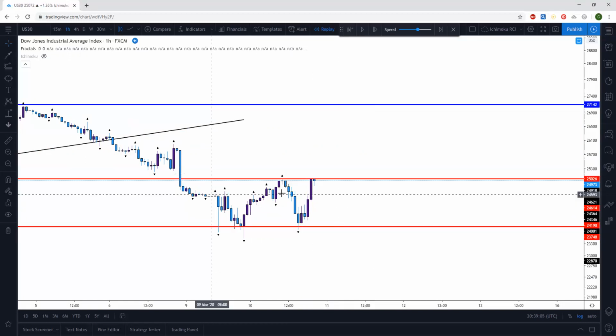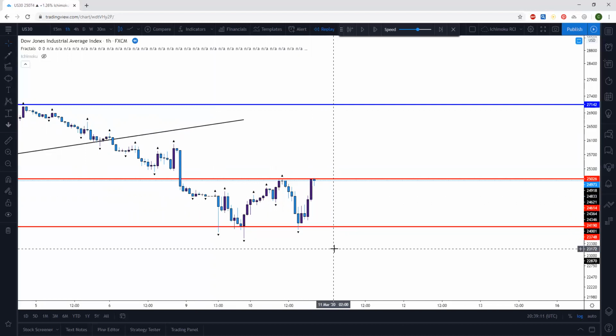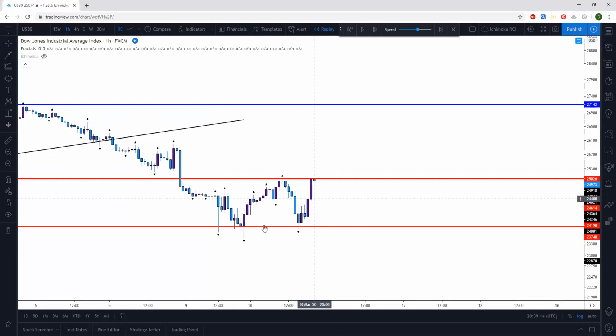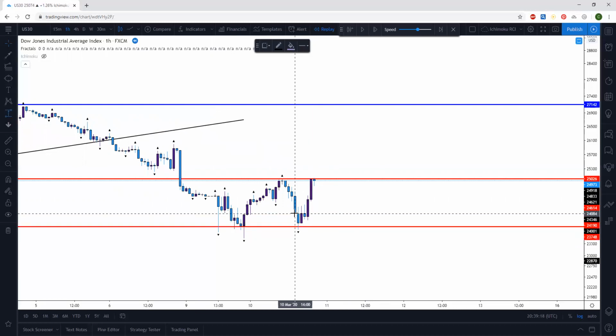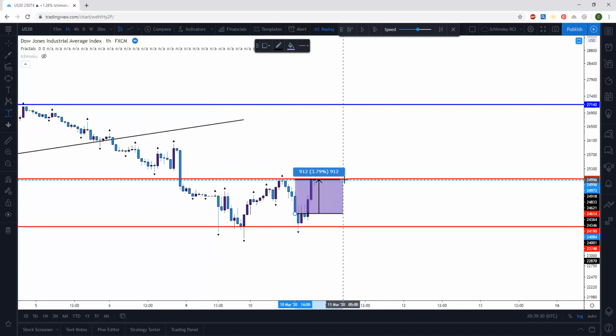It's just staying in between here. Until we get above here or below here, we ain't going nowhere. Now, you could trade in between here, but why? You can, but man, I wouldn't. That's very wild. So look at that.